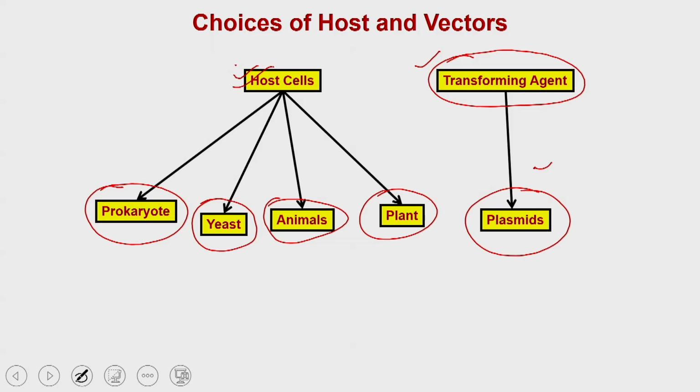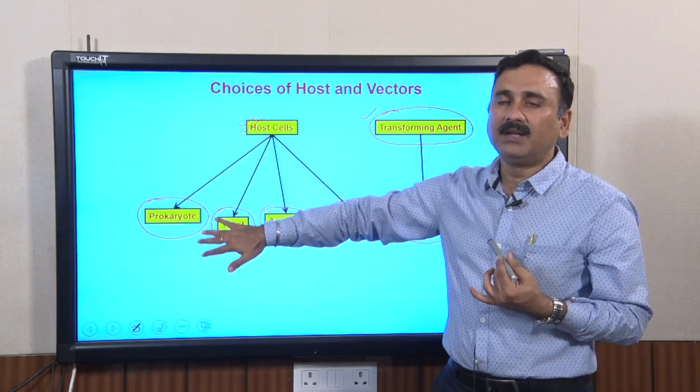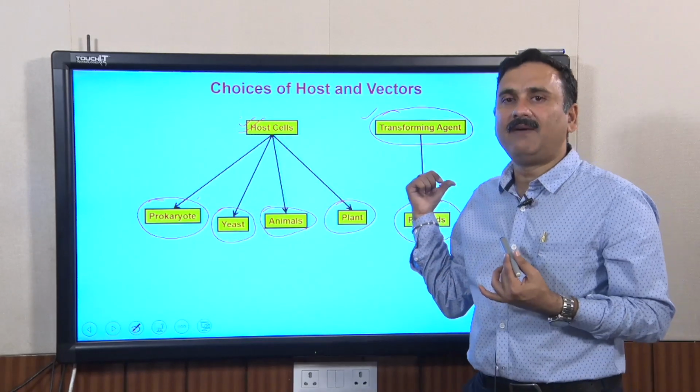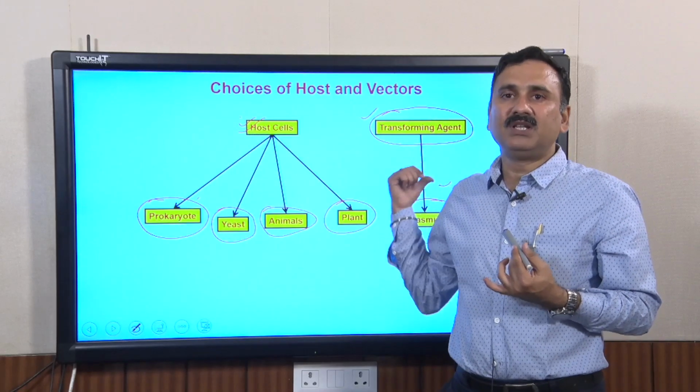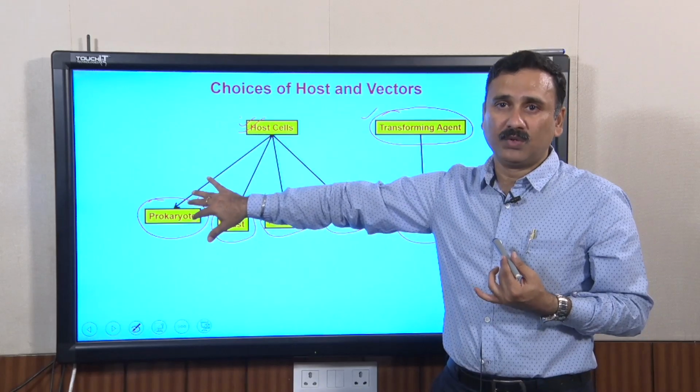So, what will be the basis for using the host strain? Once you select the host, you will automatically have to select the transforming agent, which is the vector that will produce the protein in these host cells.